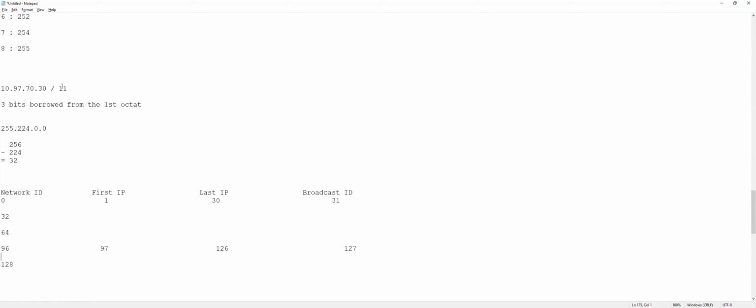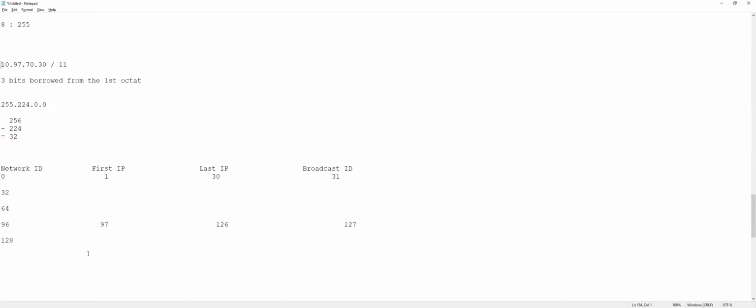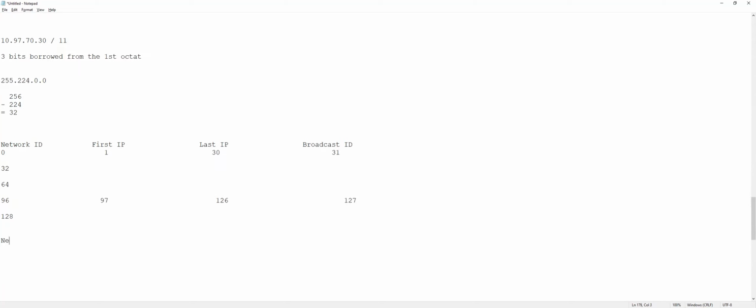So if they were to ask you, what is the network ID of this subnet, right? Could you write it down, bro? Like the whole network ID? Sure. So the network ID for this specific question would be 10.96, and the mask 255.224.0.0.